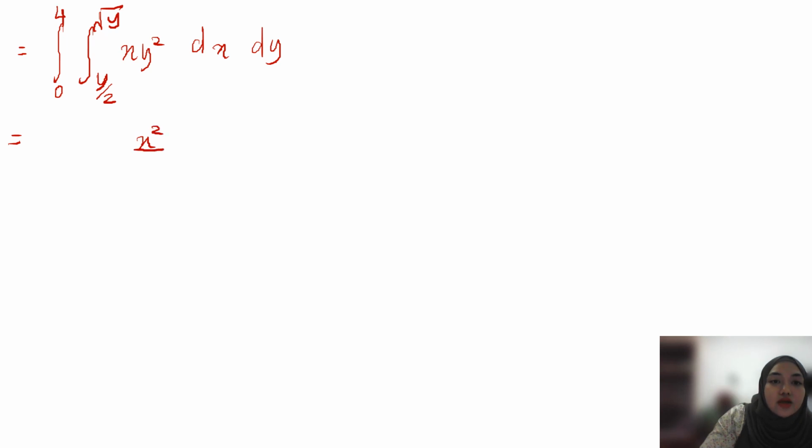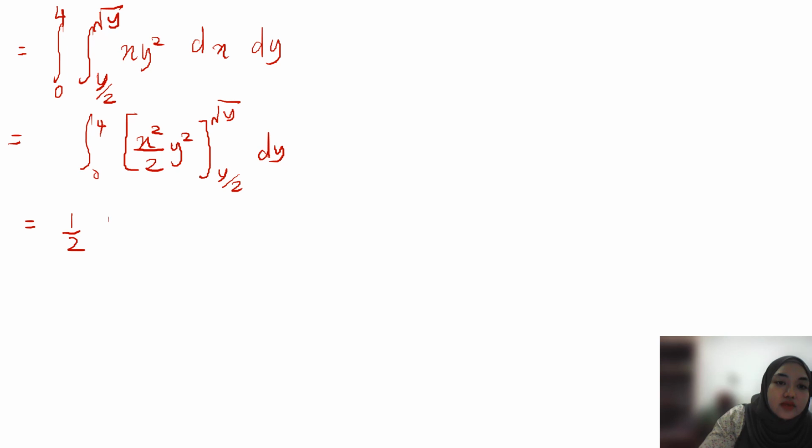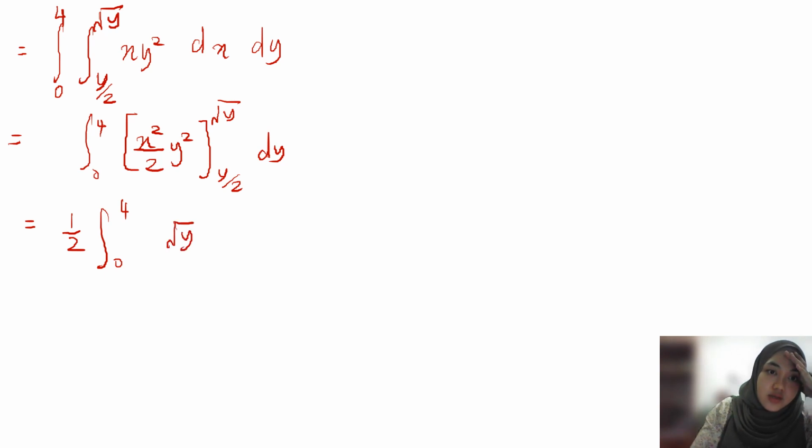So we get x squared over 2 times y squared, from y over 2 until the square root of y, dy, and then 0 until 4. Okay, so this one you have to substitute.